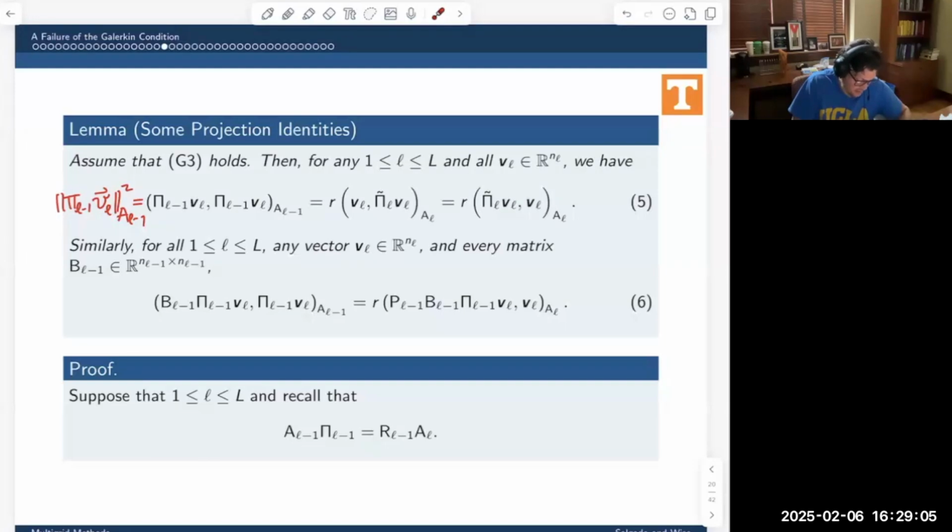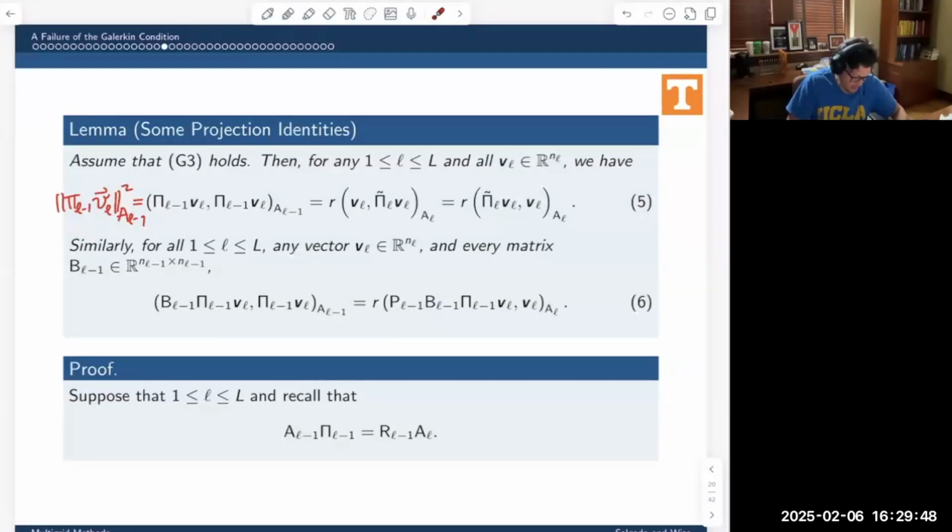It would be nice to lift this and put it over here, and leave v_l by itself. We're going to have to do some ratcheting of spaces, but what we get is an R and a P_{l-1} over on the other side, in effect. And we change from the inner product in A_{l-1}, a lower level inner product, to a higher level inner product A_l. So that's what we aim to show, this result and this result.